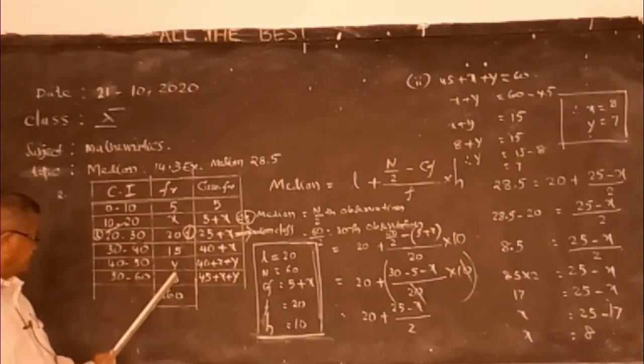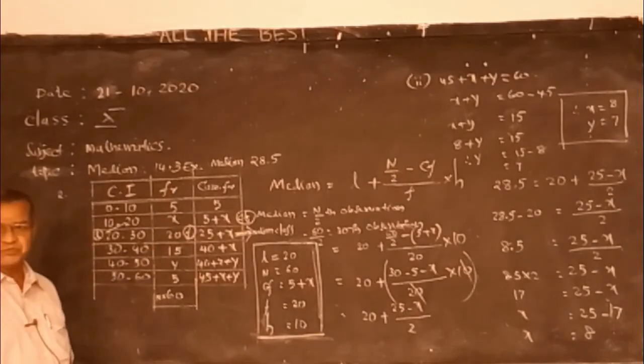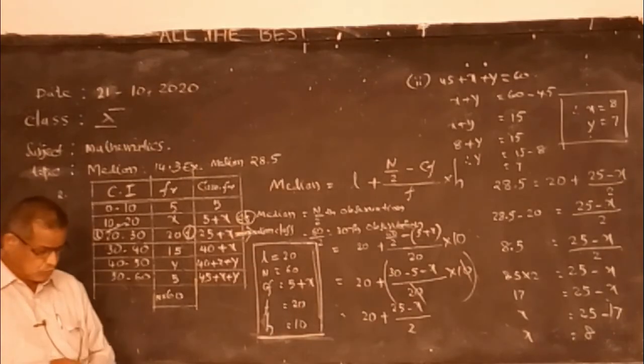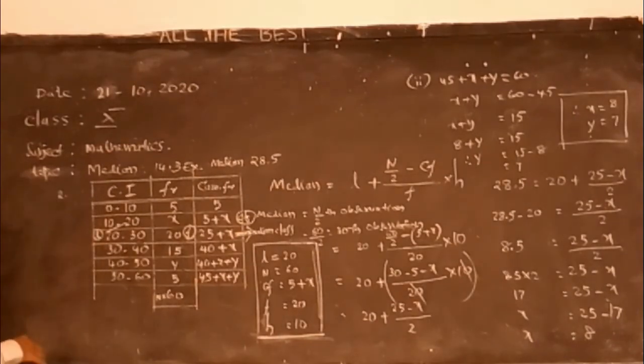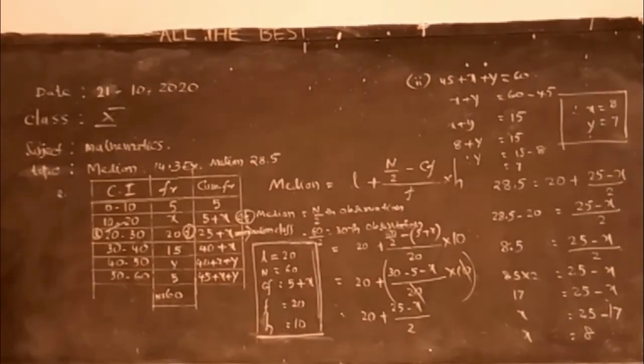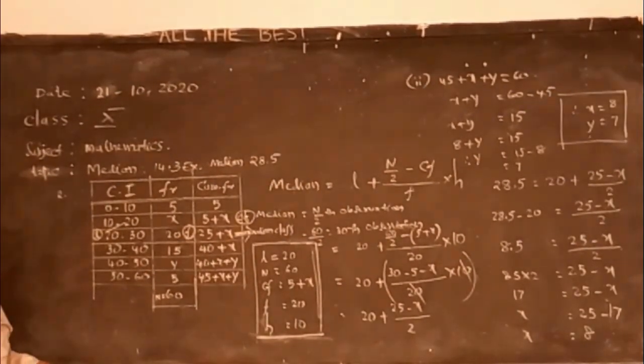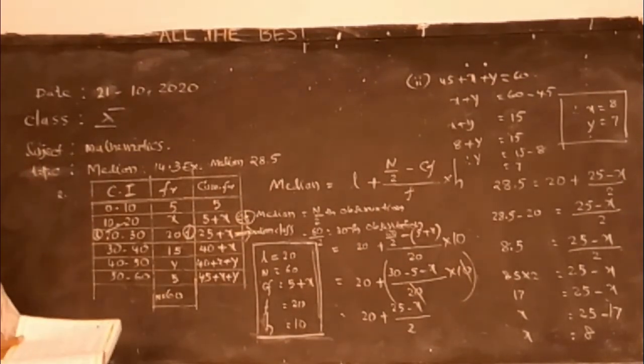Find x and y. Under 4 months they are asking. So like that you complete 14.3 problems.